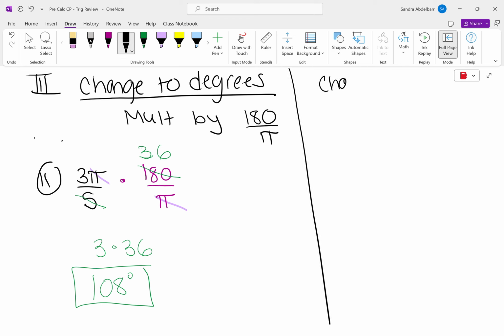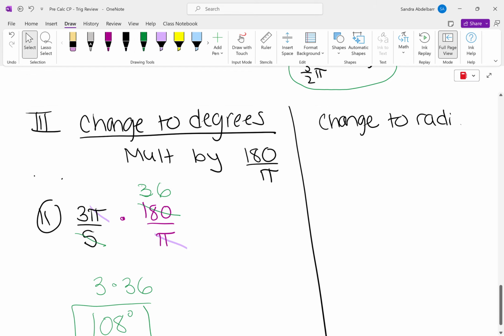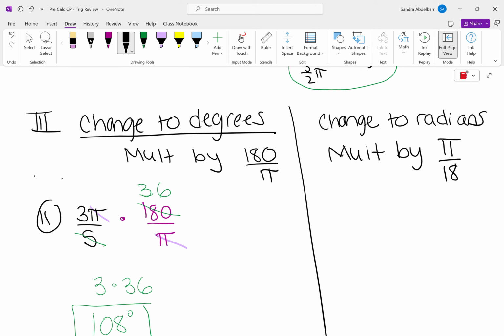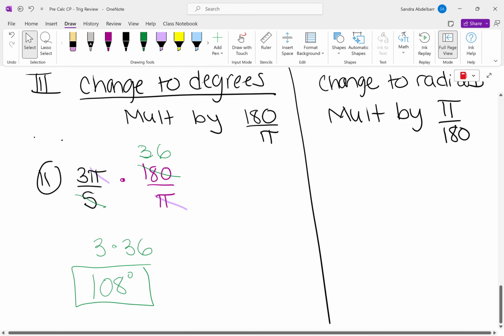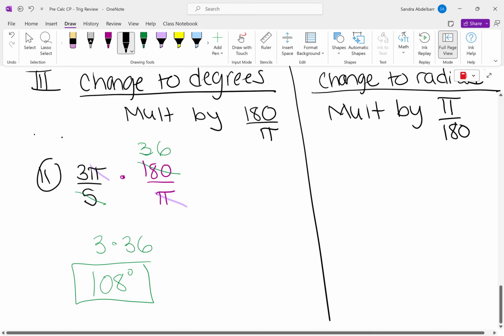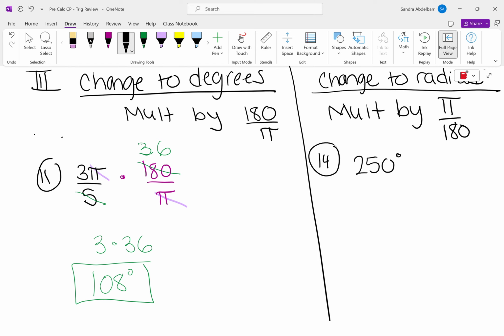And then the last section, change to radians. We multiply by pi over 180. So this is number 14.